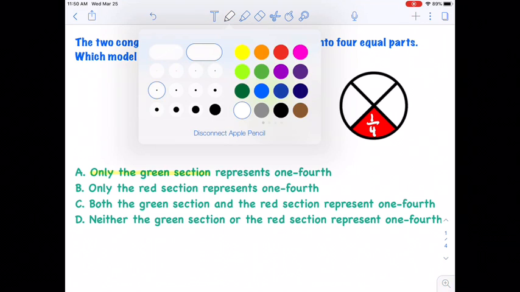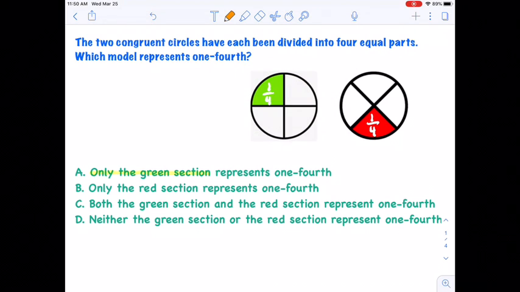We've already looked at it and we decided that they both represent 1/4, so it can't be this one. In answer choice B, it says only the red section represents 1/4. Well, if only the red section represents 1/4, then that means the green one has to be something besides 1/4. But we've already looked at it and labeled the green one 1/4. So that can't be right.